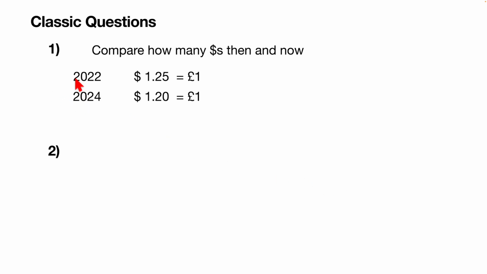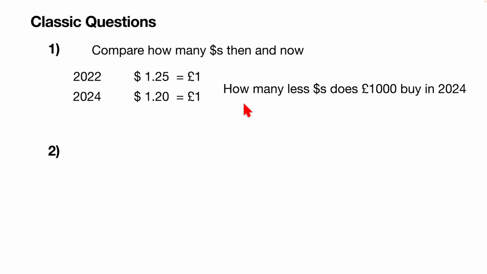So there are two classic questions that are asked. Compare how many dollars then and now. We're given some information: this is the exchange rate then, this is the exchange rate now. How many more or less dollars does £1,000 buy in 2024? And I just work out how many dollars you'd get, multiply this and this by 1,000, etc. Or question 2, you are given two exchange rates.